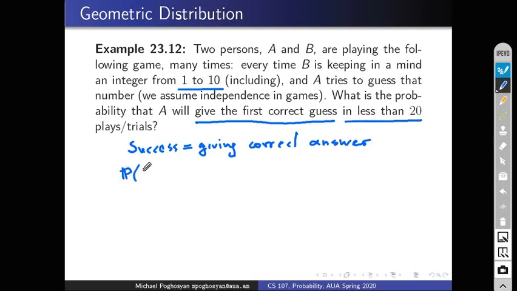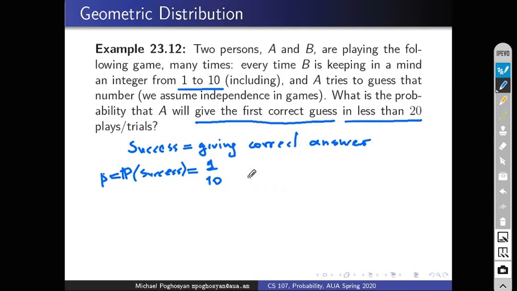The probability of success is the small p. The probability of success is the probability of guessing correctly, and the probability of guessing correctly is 1/10. We're assuming that guessing each number is equiprobable. So one is keeping in mind numbers from 1 to 10, and the other is guessing. The probability of having the correct answer is 1/10.